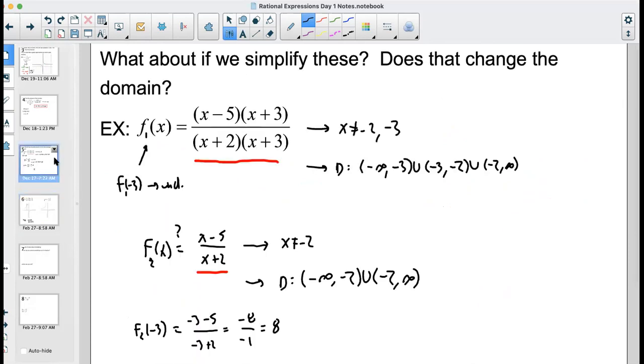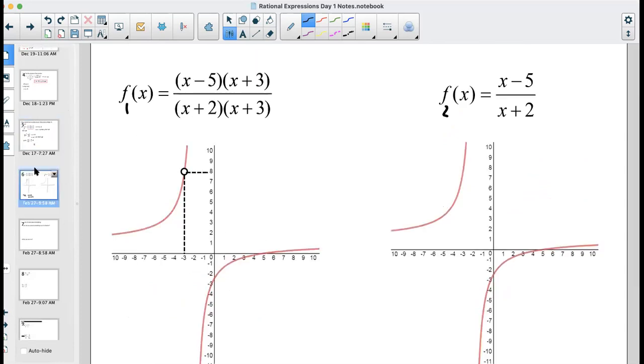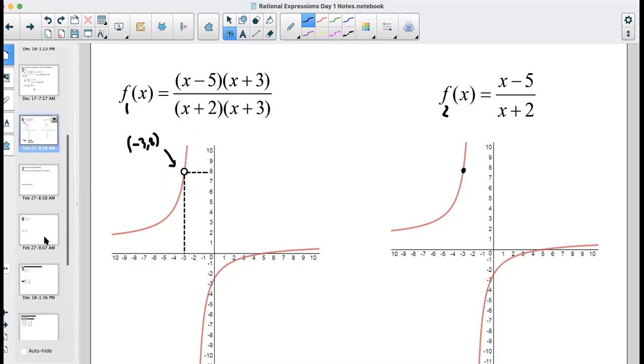It might be interesting to note, we saw that when we plugged -3 in, we got 8, which means that in this function, when x is -3, y is 8, so that point is on this graph. And that's exactly where the hole is in this graph. This point got removed when you have the x plus 3 in there. So that's why they call it removable discontinuity.